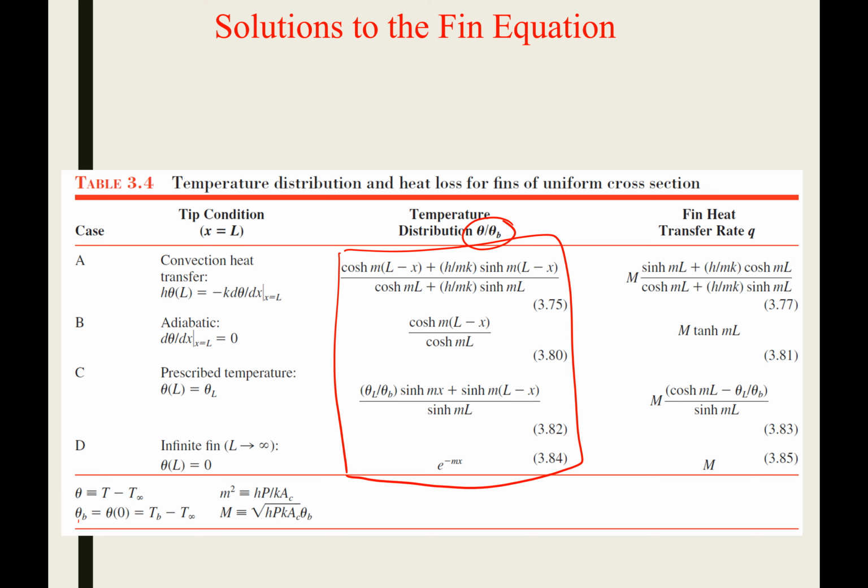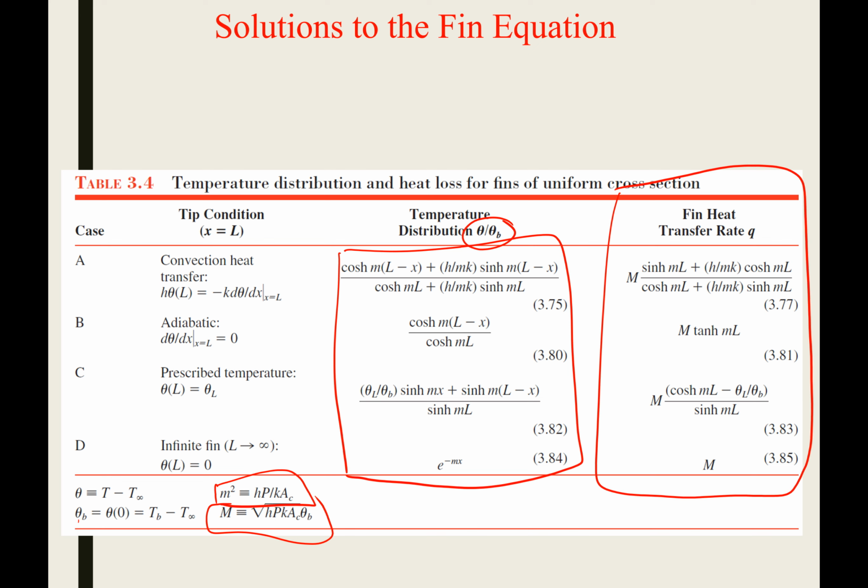And then mainly out of convenience, to make the integrations easier and to make the equations look a little bit cleaner, our intermediate variables are just defined as a function of those variables that we've talked about: our heat transfer coefficient, our thermal conductivity, our cross-sectional area, and our perimeter. From those equations, you can also get this fin heat transfer rate.